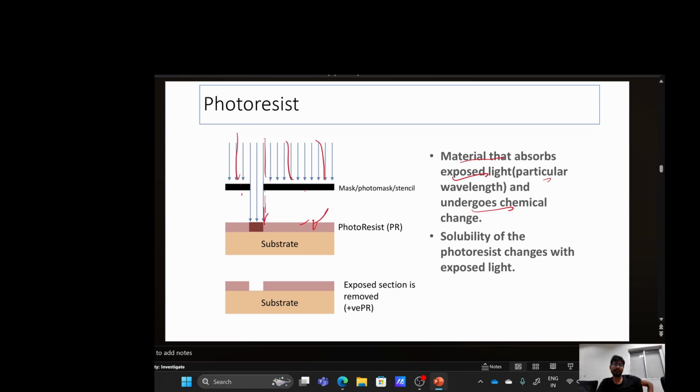Either the dissolution in a particular kind of solution will increase or it will decrease. So the solubility of the photoresist changes with the exposed light. For the positive tone resist, we will see in the subsequent slides that the exposed part of the photoresist will get removed in the developer.